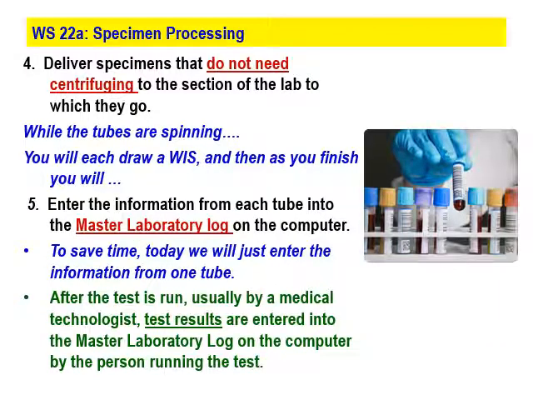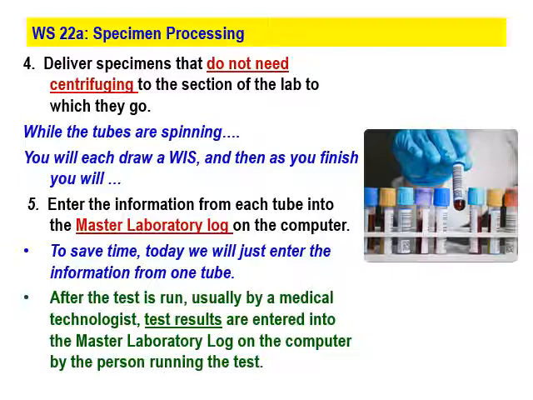So once it's been spun down, okay, and if it doesn't need to be spun down, sorry, like blood bank and hematology specimens, as we know in hematology they do complete blood counts. Those are done on whole blood, so you don't need to spin those down.